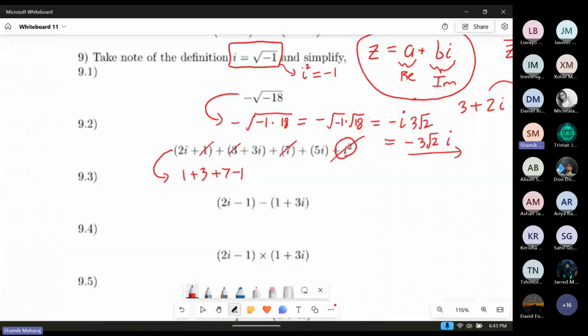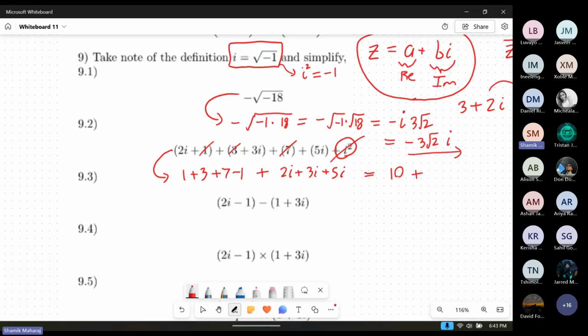Everything else is imaginary. So let's write it over here on this side, 2i plus 3i plus 5i. And from here, it's just calculator work, right? Because the part on the left, the real numbers, you just add them together. 1 plus 3 plus 7 minus 1, and you will end up getting 10. The imaginary parts, you'll say 2 plus 3 plus 5, right?